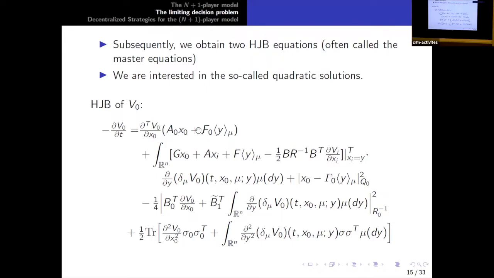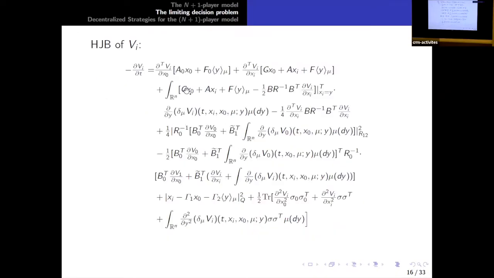Then for the minor player, we have this HJB equation. It looks quite complicated. But again, we have a very simple interpretation for the right-hand side.